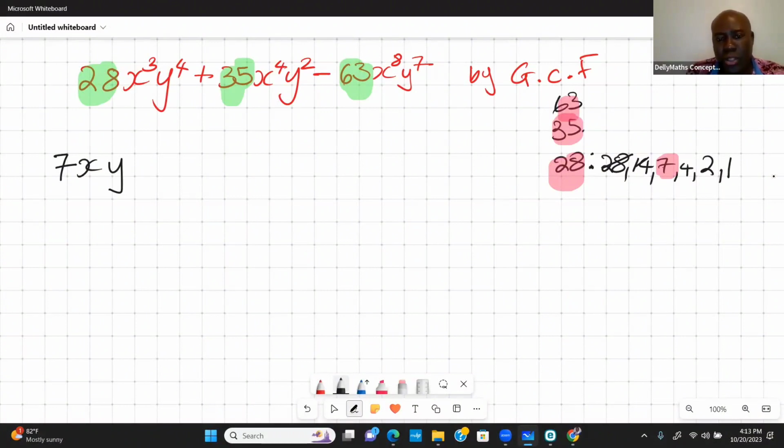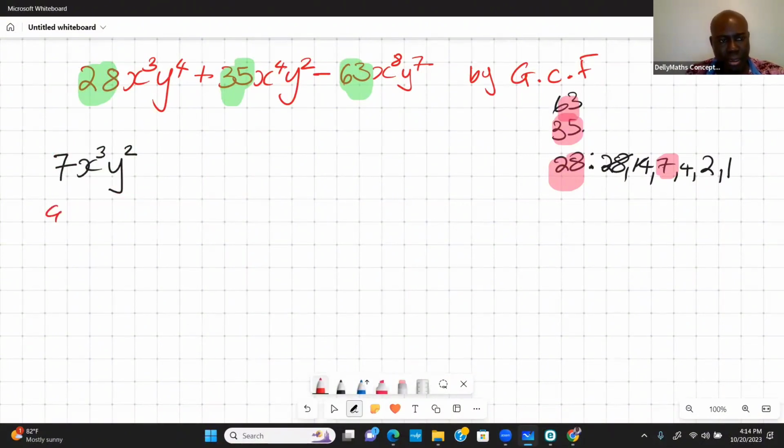We're looking at x to the third, x to the fourth, x to the eighth. X to the third is the smallest power here. And for the y's, it's going to be y to the second power. So this monomial here is my GCF.